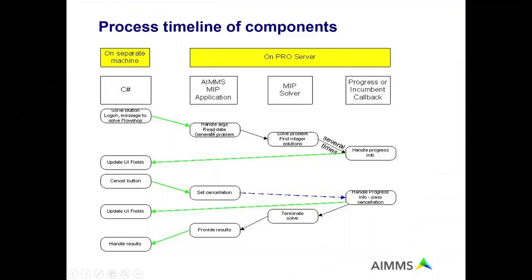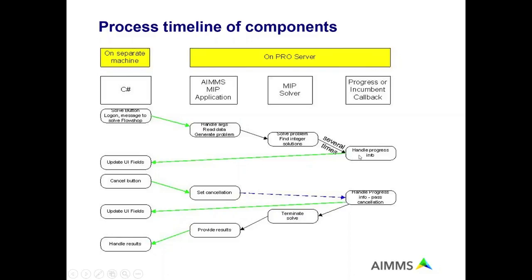I've read in the data and AIMMS started to generate a mathematical program. The MIP solver starts finding integer solutions, so-called incumbents, because it tries to improve on the solution.